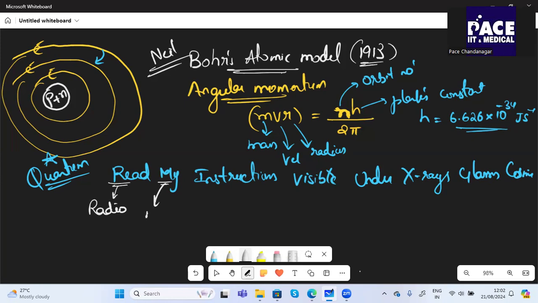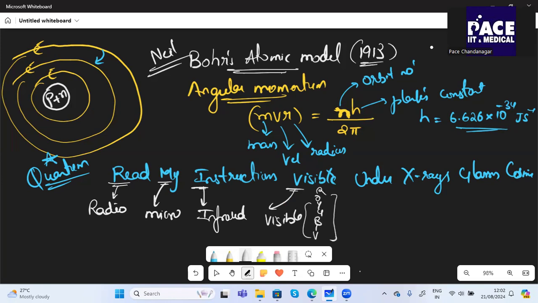M stands for microwaves. I stands for infrared. V stands for the visible spectrum, where you get all the VIBGYOR colors in this range. U stands for UV rays, ultraviolet rays, X stands for X-rays, and G stands for gamma rays.